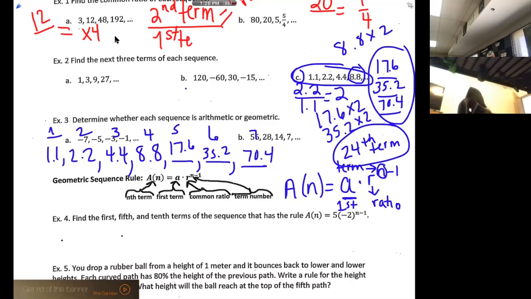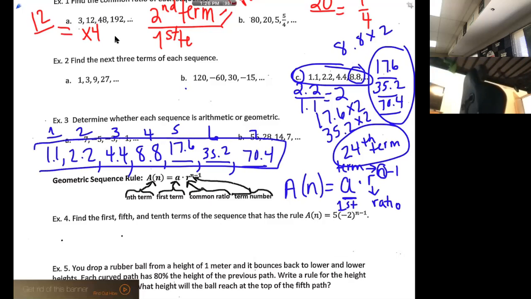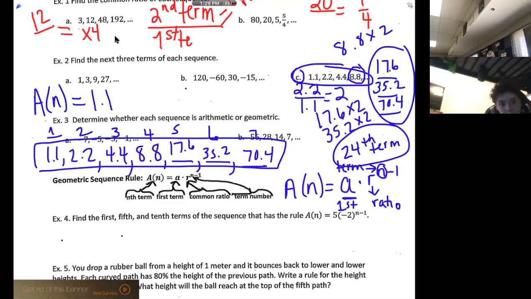So if we were to write this sequence into a formula, we would use a of n equals, what's the first term? 1.1. What's the common ratio? What do we multiply by over and over and over again? 2. We want the 24th term, right?